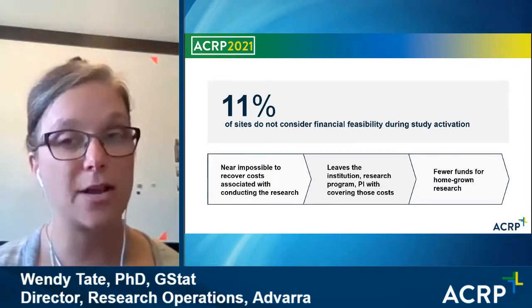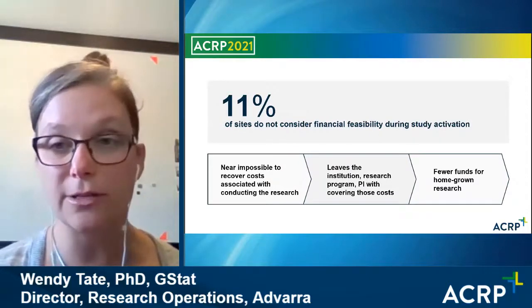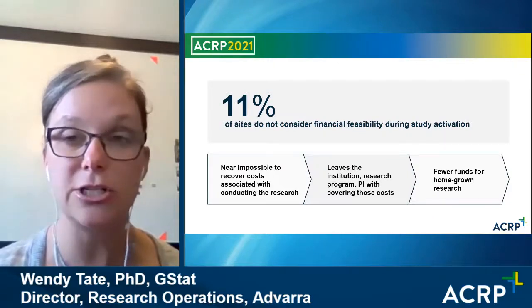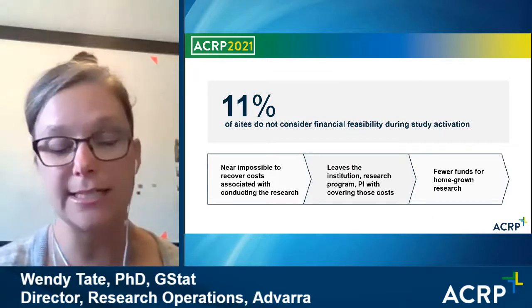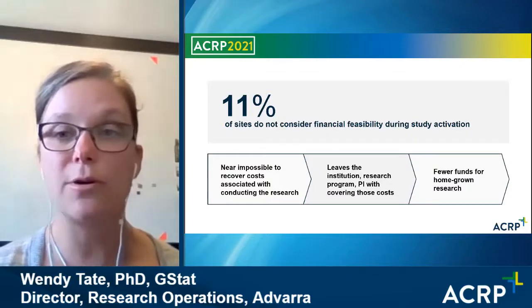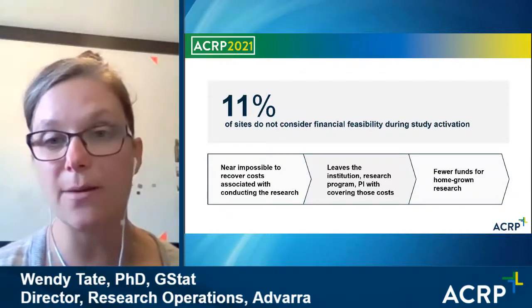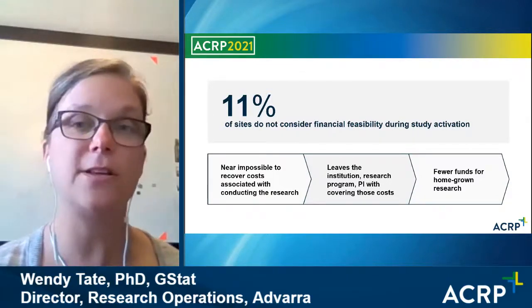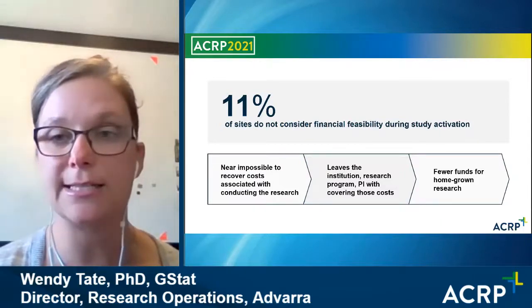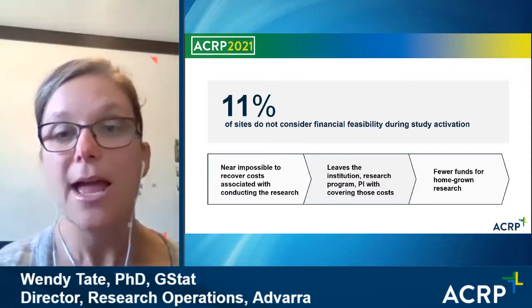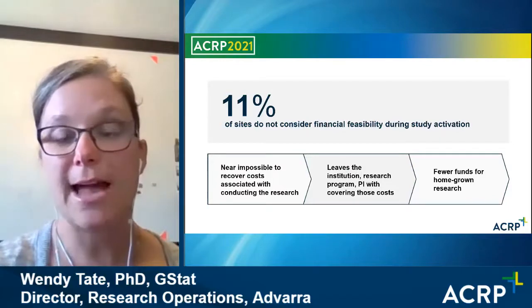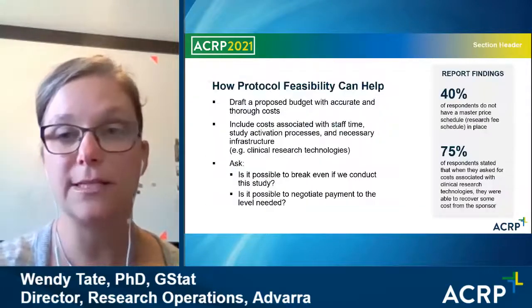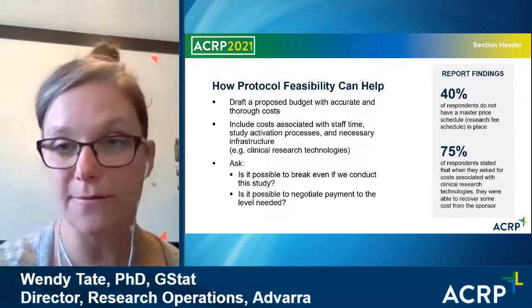And those funds can take away from other studies, particularly things like investigator-initiated studies or organizationally designed science that can really promote novel ideas coming from your organization in order to fill the gap that this other study has inadvertently left you.